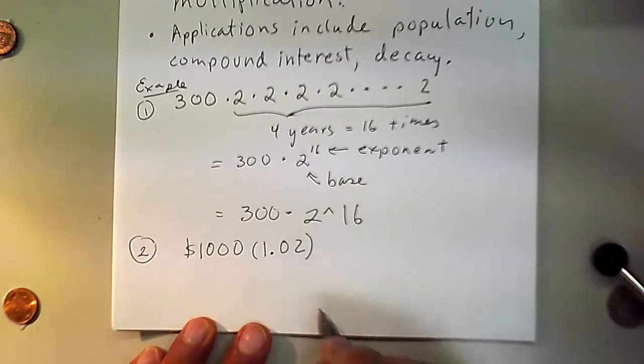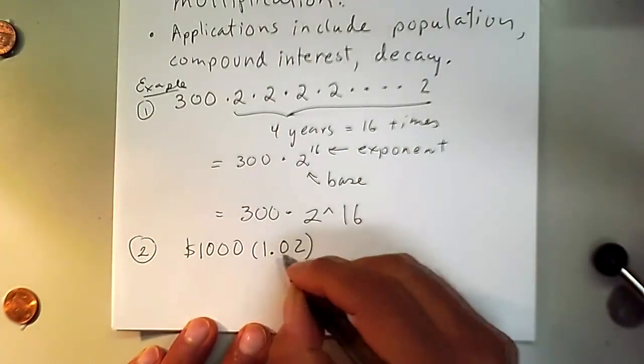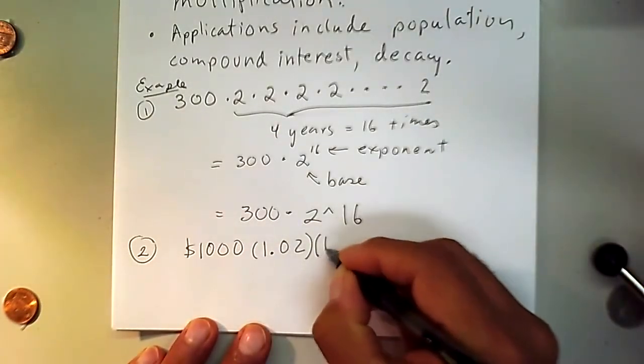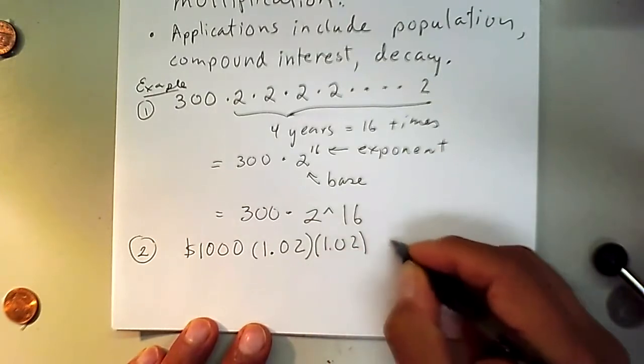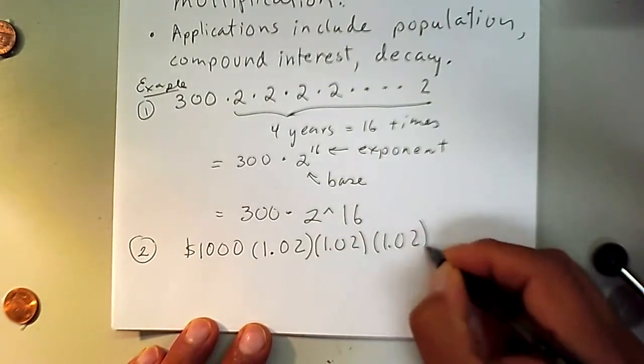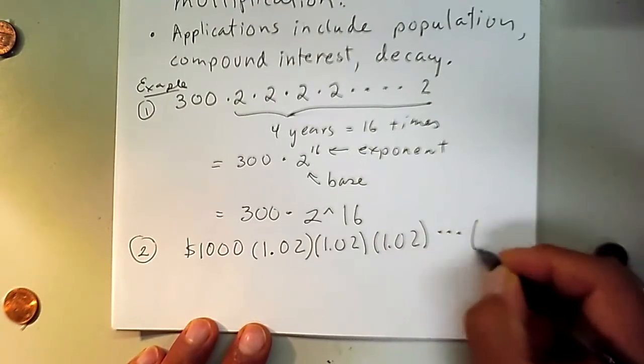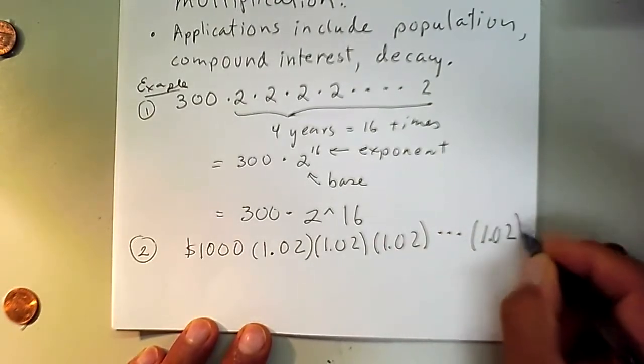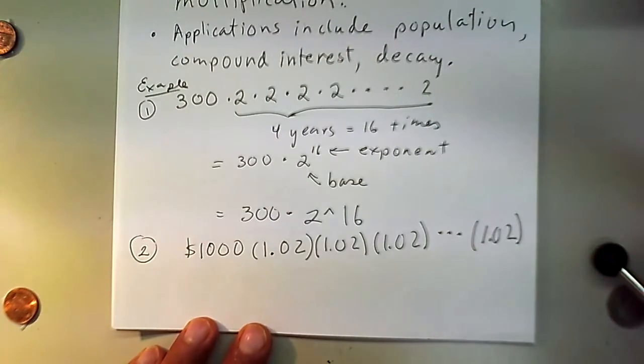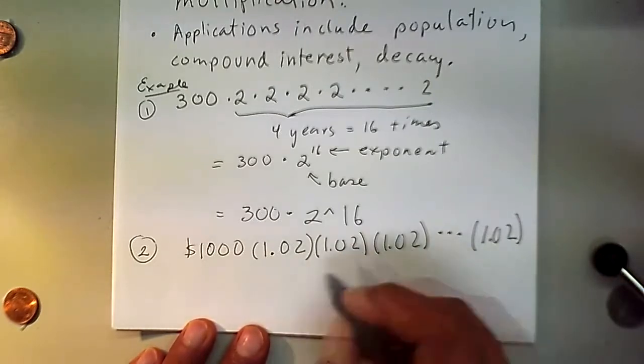So technically speaking, you would have to multiply 1.02 with 1.02 with 1.02, for 10 times 1.02, if the bank pays you 2% every year, and if you leave your money for 10 years. Instead of doing that, you can rewrite this.